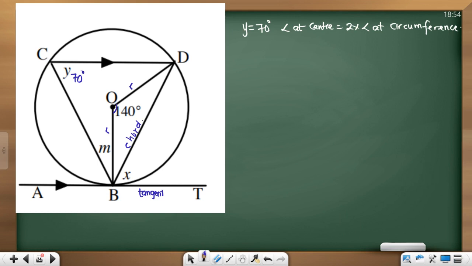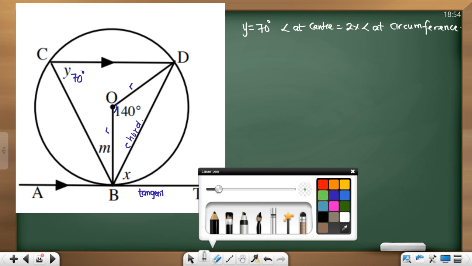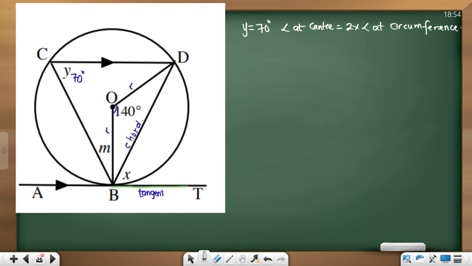Okay, let's go check. Where's my highlighter? Tan-chord. This is in the minor segment. We need to look for the angle subtended by the chord in the major segment. So x is equal to 70.